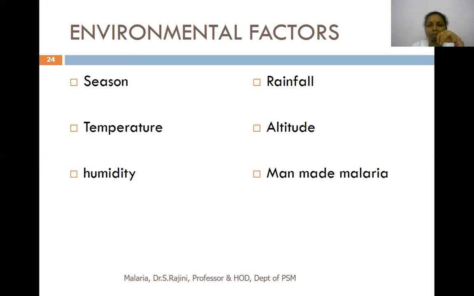Some more rainfall may be unfavorable for the mosquitoes. Light to moderate rainfall is okay, but if there is very heavy rainfall, the breeding places may be washed out.